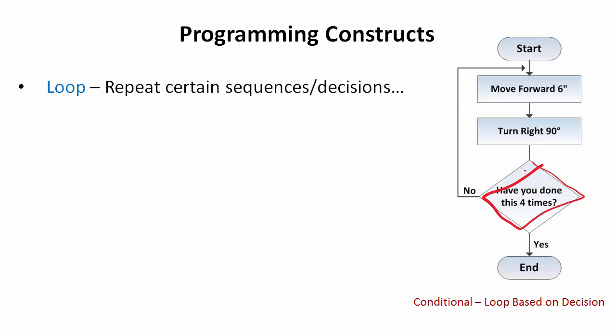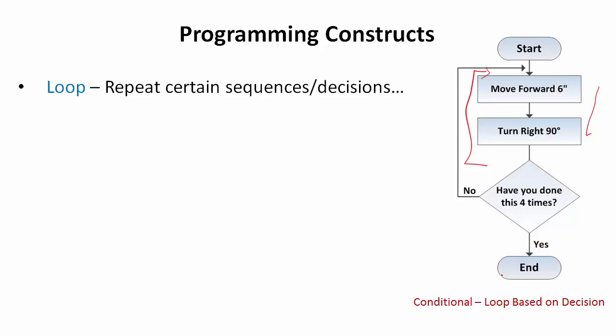Let's take a look at how this is going to operate. So I come along and I move forward 6 inches, and then I turn right, and then I make a decision. Have you done this 4 times? If you haven't, go ahead and loop. So it's going to come this way if you haven't. And if you have done it 4 times, go ahead and end.